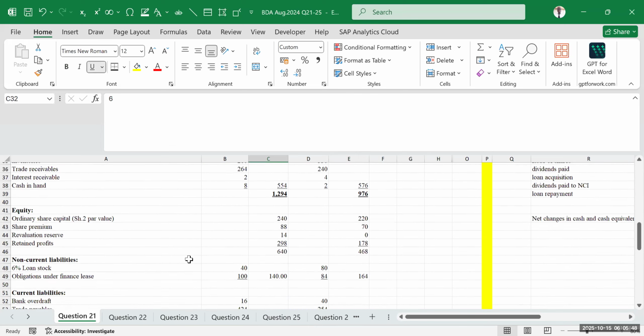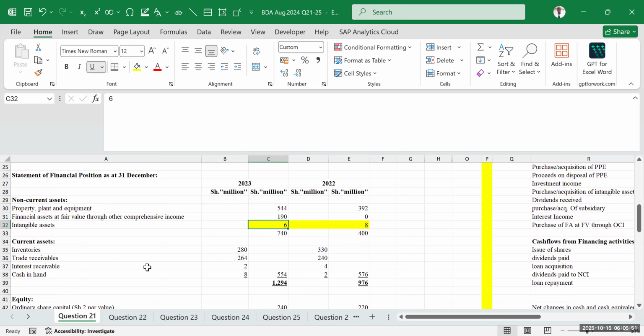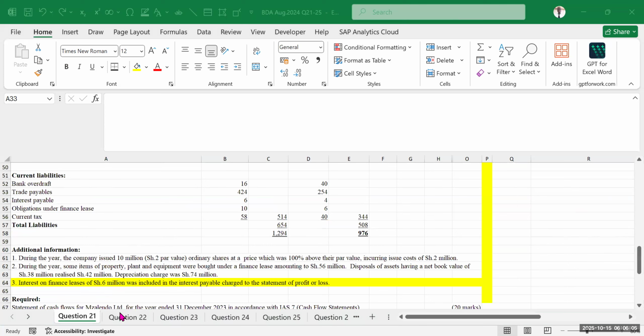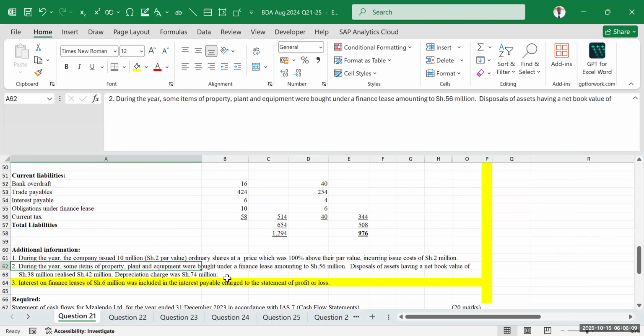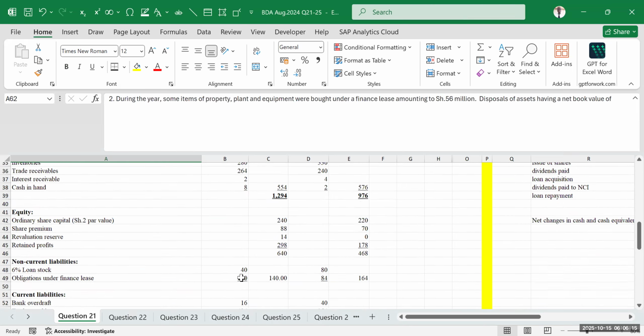We could assume disposal when talking about PPE. But when you come to intangible assets, if you are not told about disposal, you cannot assume it. Look at the additional information. The disposal that we were given was only concerning the PPE elements. There was no mention of disposal of intangible assets.